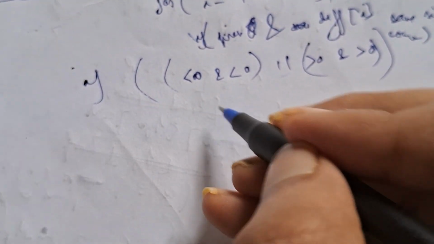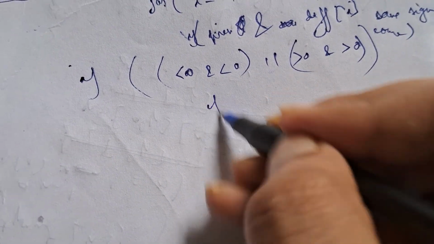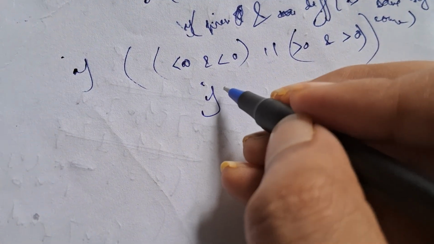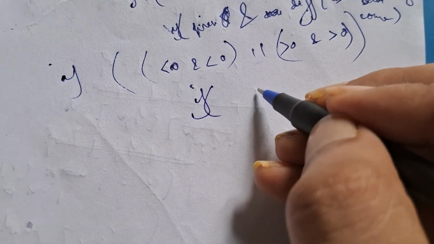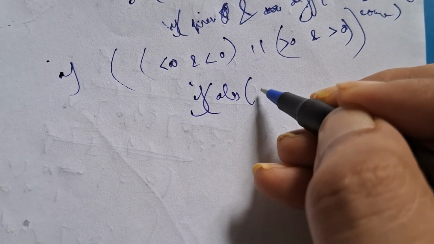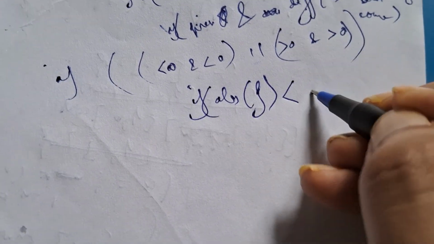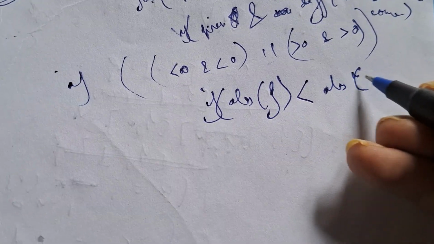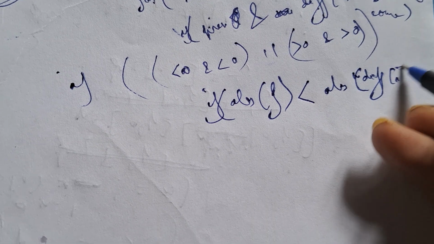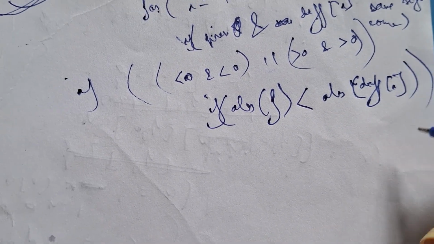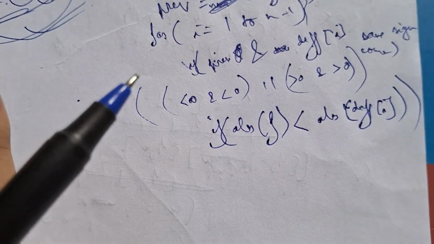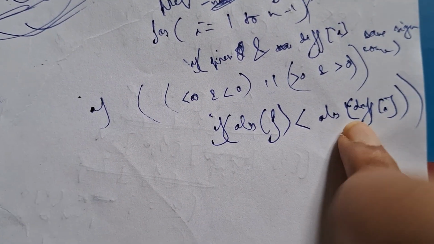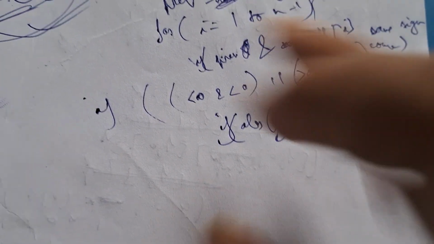So in this case, if this happens, under that you're going to apply another operation. You have to check if the absolute value of f is lesser than the absolute value of difference of I. Let's say you have applied some operation, that is f, earlier, but now the value of this difference is greater than that.